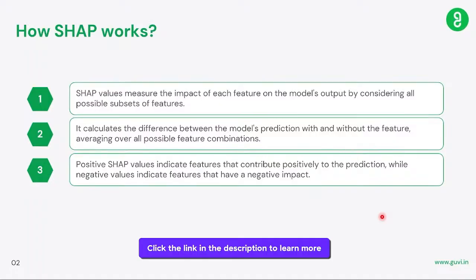Right, so SHAP values are a powerful tool to understand the impact of individual features on the model output. They measure the contribution of each feature by considering all the possible subsets of features in the dataset. The calculation of a SHAP value involves comparing the model's predictions with and without the feature of interest.